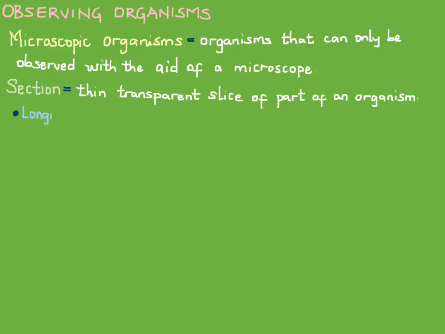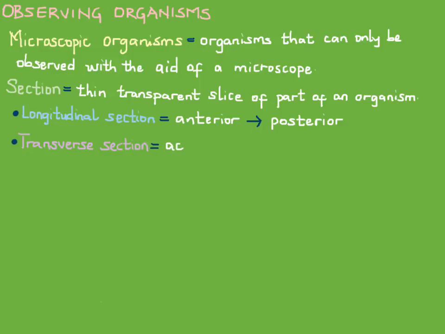A longitudinal section is made along the length of the organism, that is, from the anterior to the posterior, whereas a transverse section is taken across an organism. Sections are made in order to look at the internal parts of an organism using a microscope.